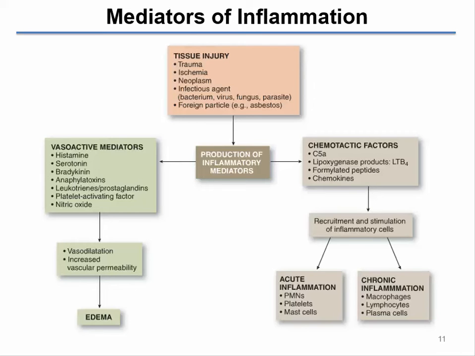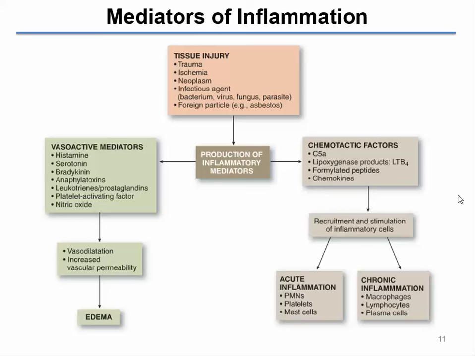So we'll look at the chemotactic factors first, these ones over here. Please, we're not going to have you memorize them all, but they fall into the category where they attract cells, white blood cells especially, to the area of the trauma.